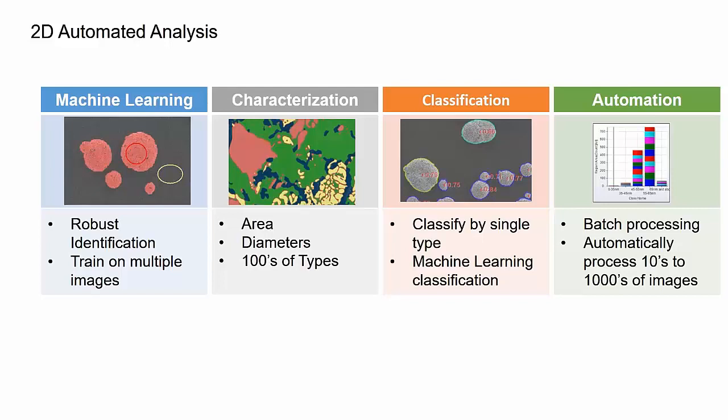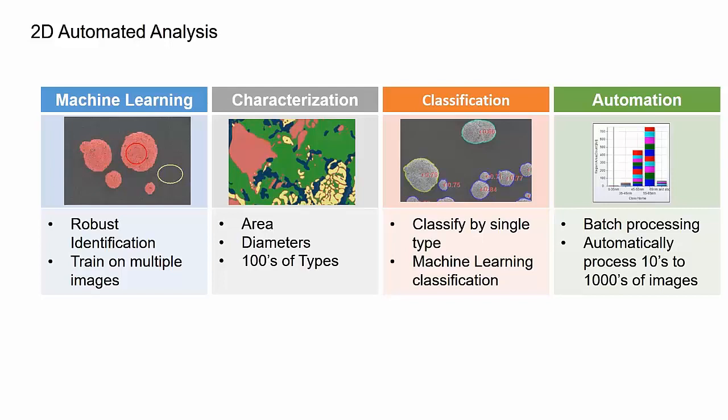What's also really important about machine learning is you can train off of multiple images, because one image may not be representative of your whole experiment and some of the different imaging conditions you may see. By training off of multiple images, you can then build that recipe in machine learning to properly identify and measure across multiple images. And that's really the importance and the power of machine learning.